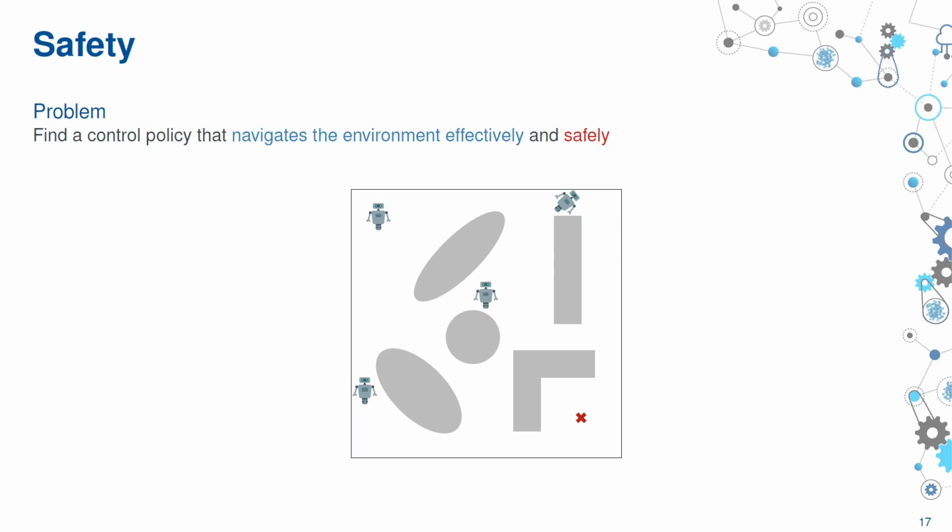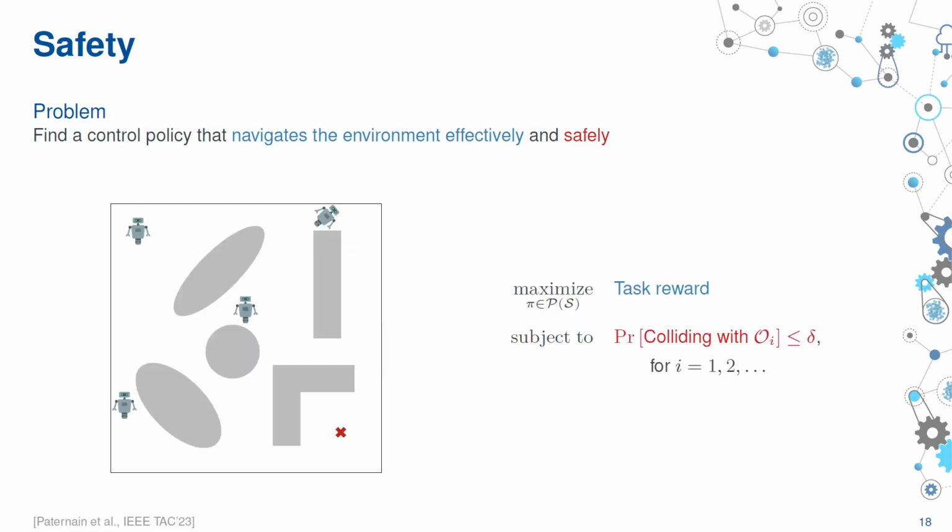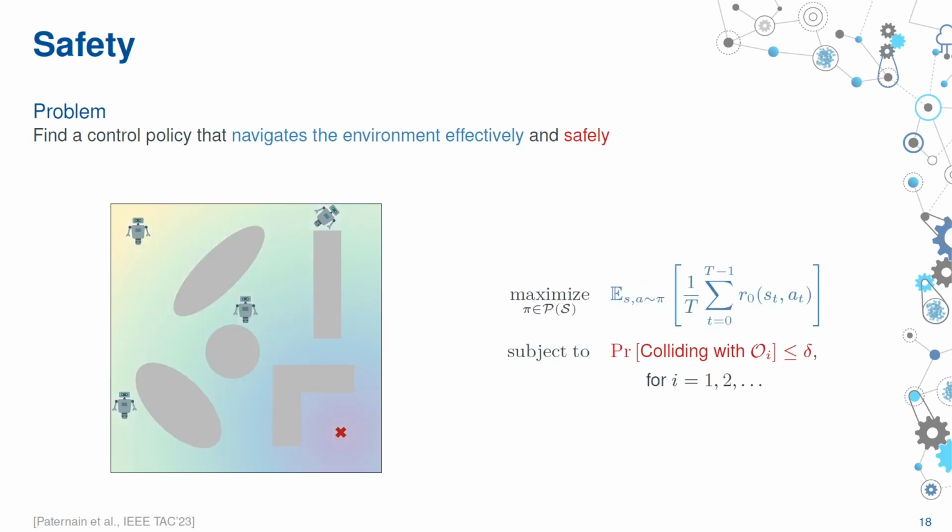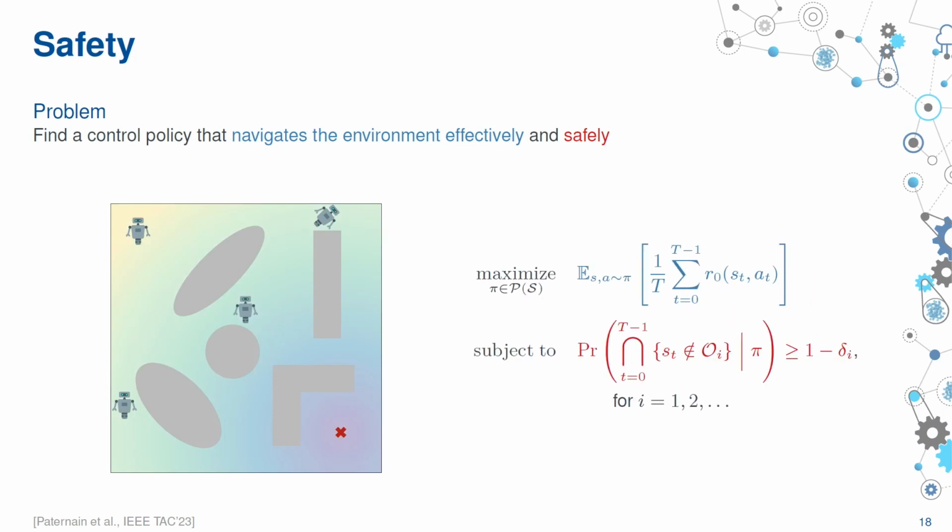And again, we can write that as a constrained reinforcement learning problem where I maximize some sort of reward that represents the task of reaching the goal, subject to the probability of me colliding with obstacles being small, or said another way, the probability of me remaining in the free space being high. Okay? So this is again a constrained learning problem that we want to solve.